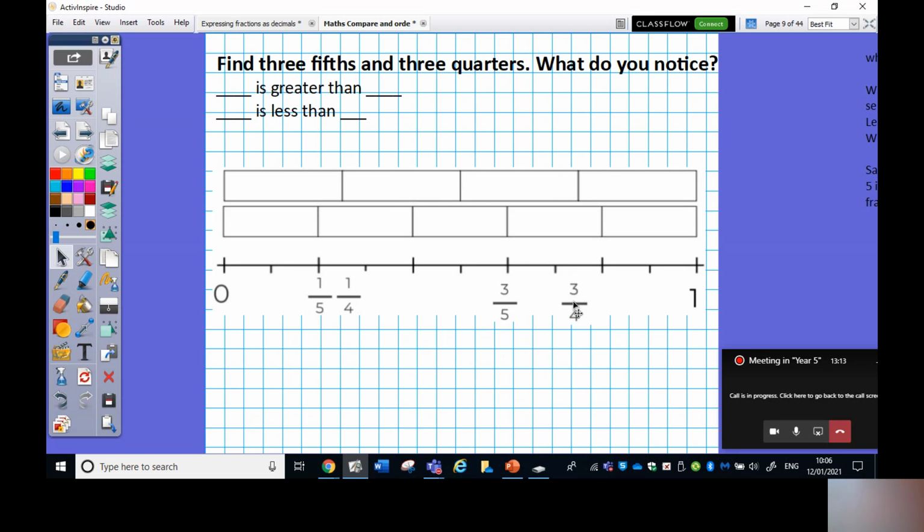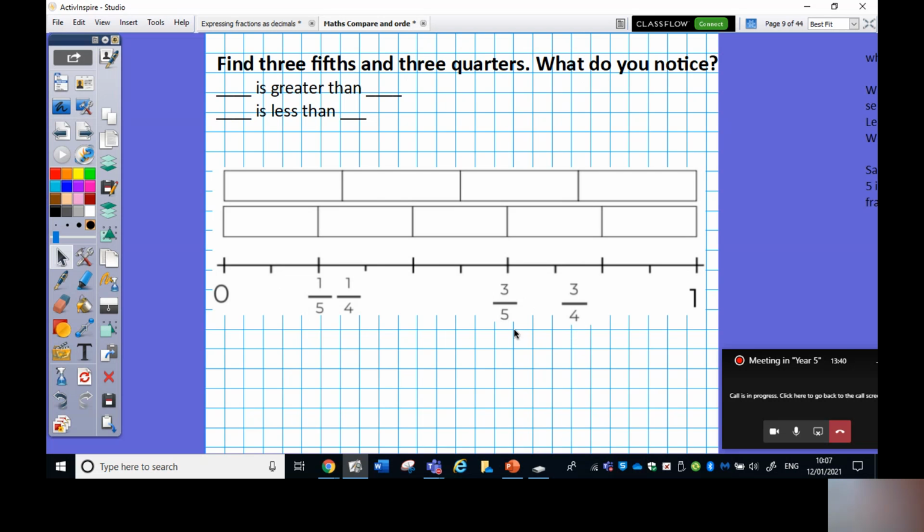Good. Okay, so can you use a sentence to describe these two fractions? Can you use the greater sentence first? Go. Yes, 3/4 is greater than 3/5. And what about the less than? Yes, 3/5 is less than 3/4.